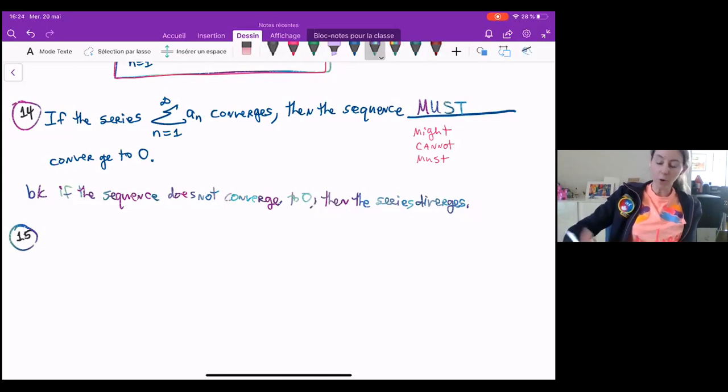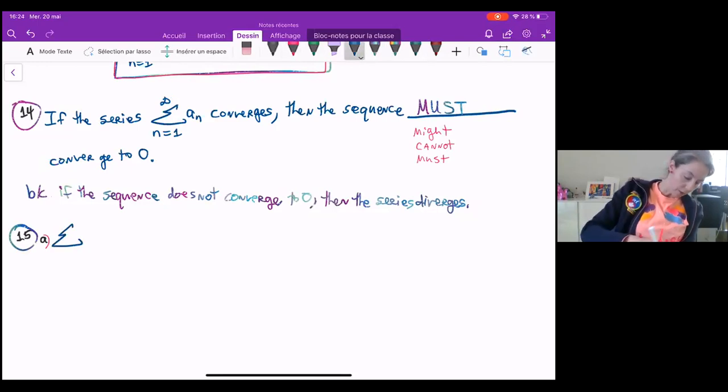Okay, so I'm going to write down all of the series for 15, and we'll just think about them individually while we can look at all of them.